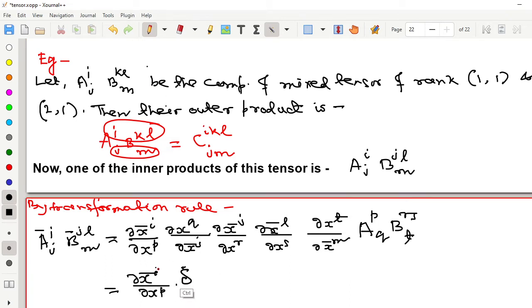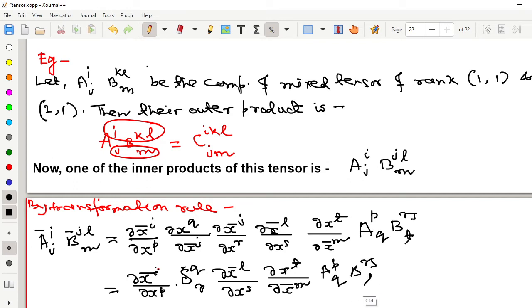This should be your delta of QR. This should be delta of QR. Then it is del x bar l, del x s, del x t, del x bar m. Done.